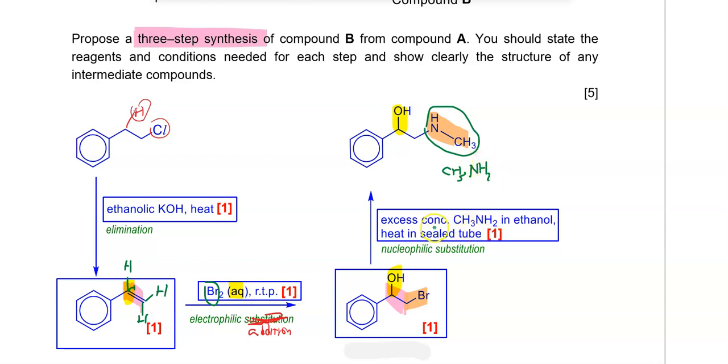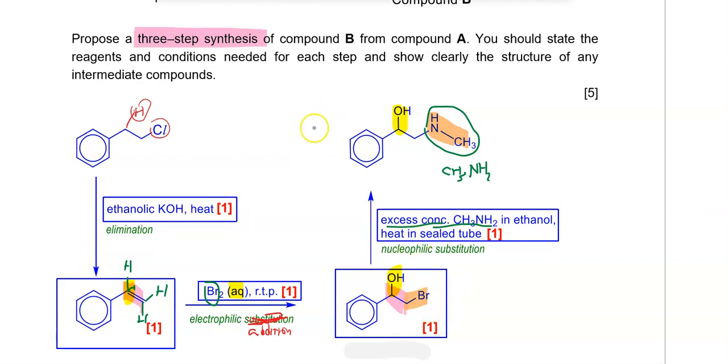Okay, so over here I try to mirror the conditions as that of ammonia. We want a mono substitution to occur, so we use excess methylamine, dissolved in ethanol, and heat in sealed tube. Okay, so it's very similar to your ammonia replacing a Br.